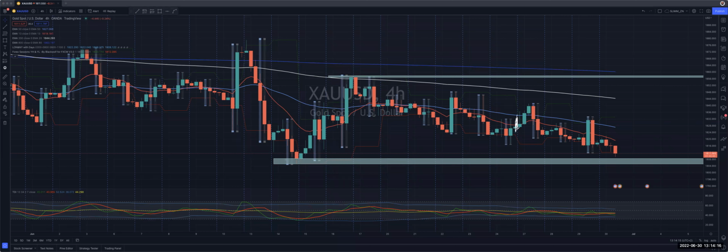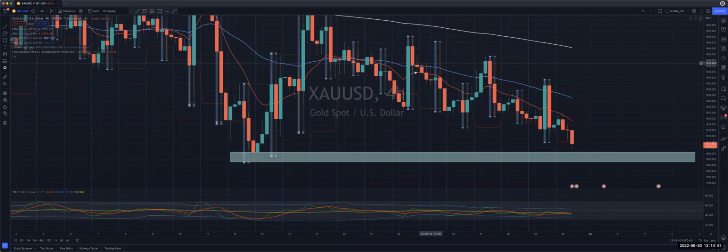What price did at the beginning of the week was push up, induce buyers, then start dropping. We had an order block here. You can see price came and induced buyers again before dropping. So before a sell again, you should also expect a stop hunt high before the price drops.